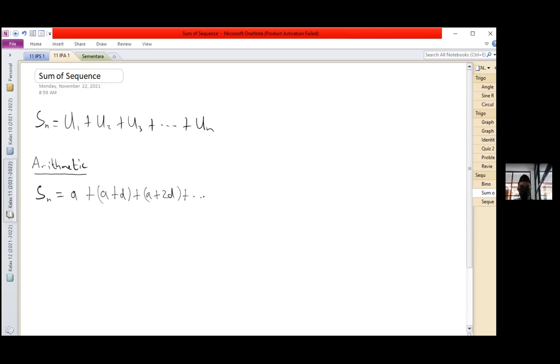And for the nth term, we just plug in the formula a plus (n minus 1) times d. So this is the sum.